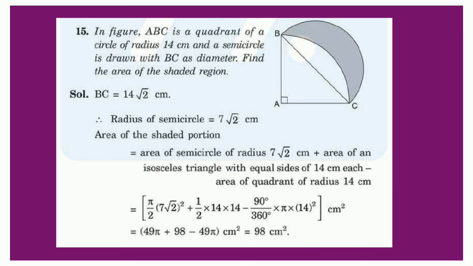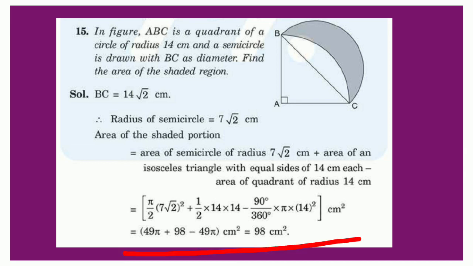Then plus the area of an isosceles triangle, that is half into base into height, half into 14 into 14, minus the area of the quadrant, theta by 360 into pi r square. Theta is 90 degrees, so 90 by 360 into pi into 14 into 14.